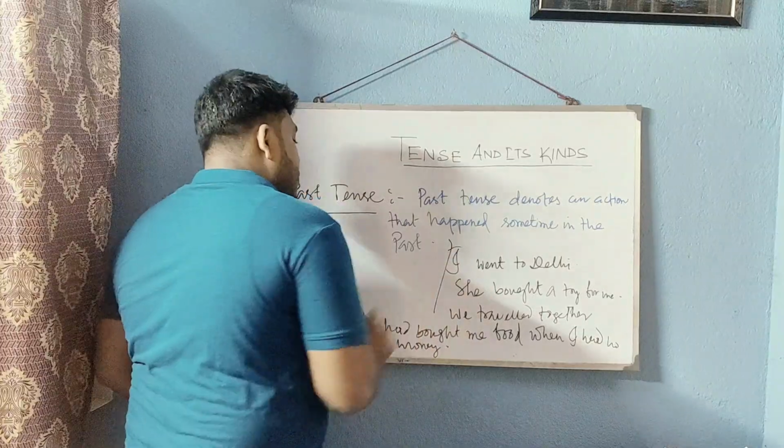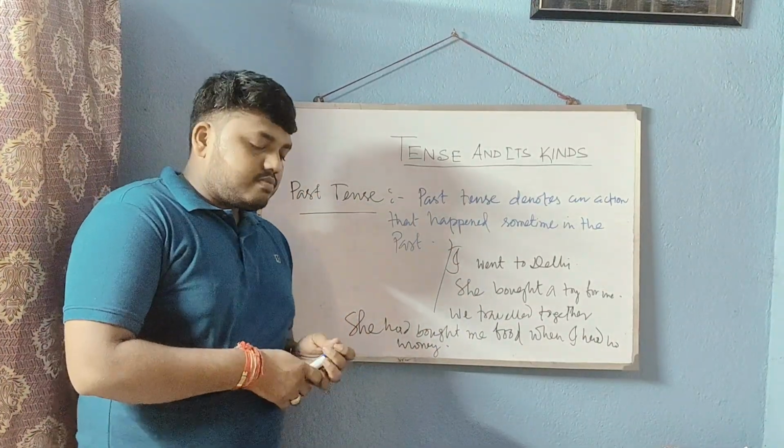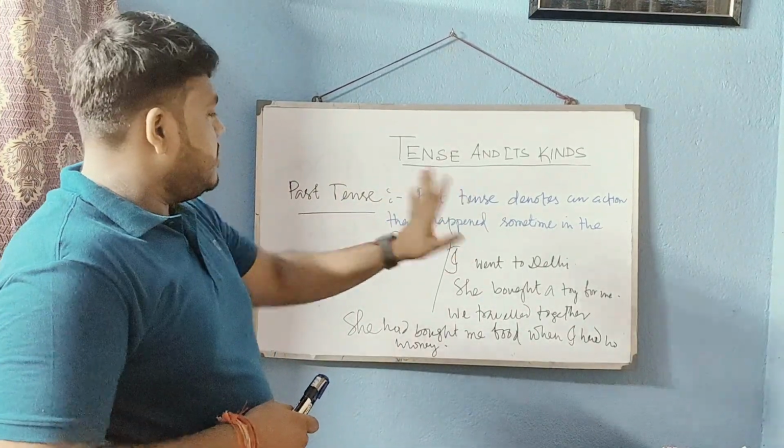So all these are examples of past tense. Past tense denotes an action that happened sometime in the past.